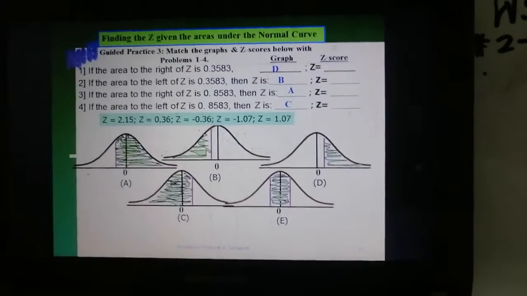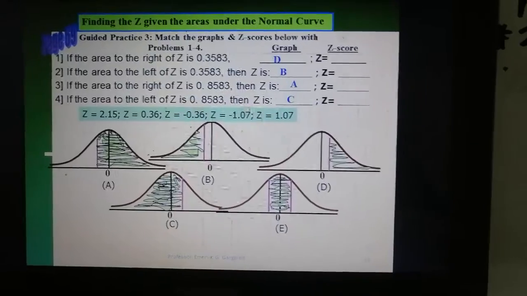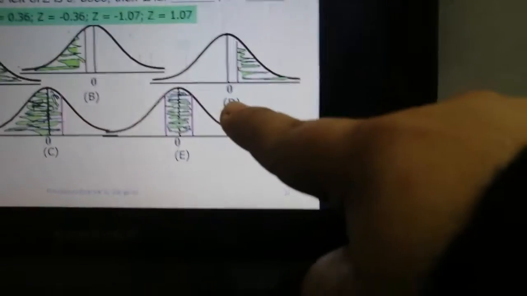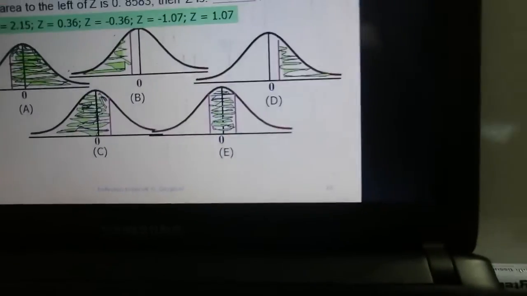But the dilemma here is we have to find Z. So, how do we do that? You look at graph D. For graph D, our concern is to find this point. What is this point, or what Z value do we have at this point?